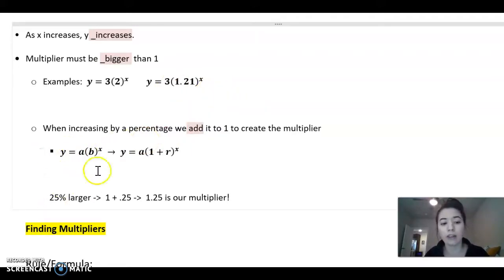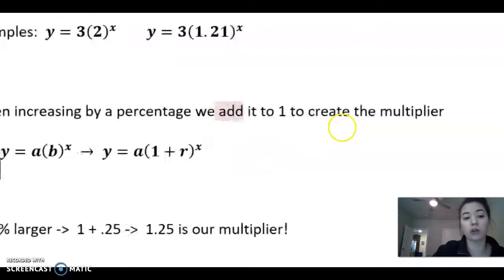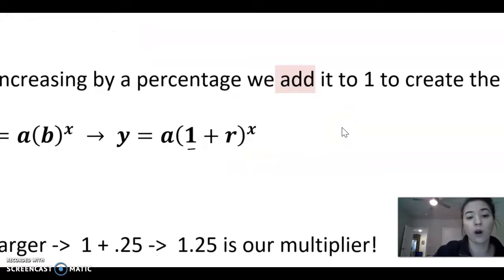In our regular equation, a times b to the x, in order to get that b value, if we're growing by a certain percentage, you need to take that and add it to 1. So you're going to do 1 plus your rate as a decimal.